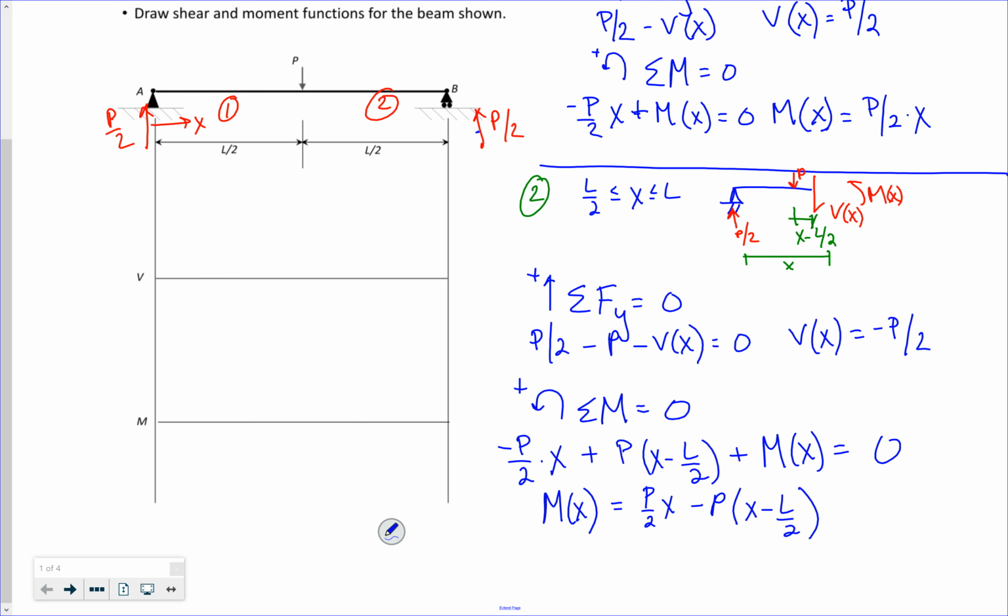If I simplify that, I get negative P over 2 x plus PL over 2. So those are my functions.